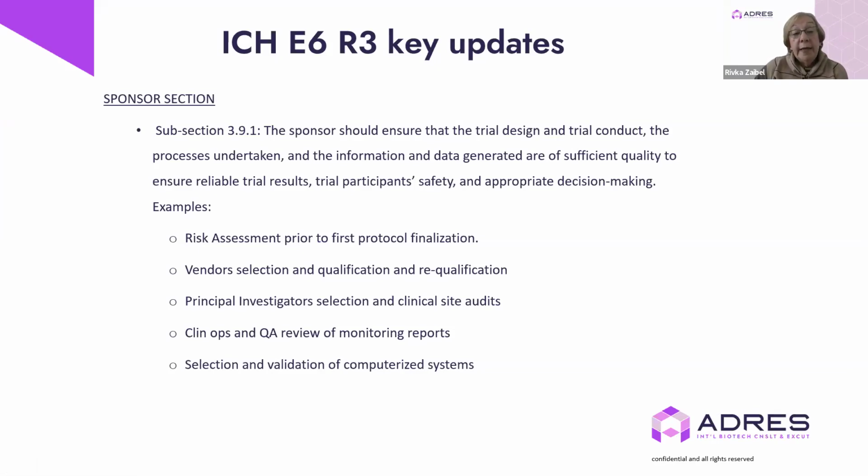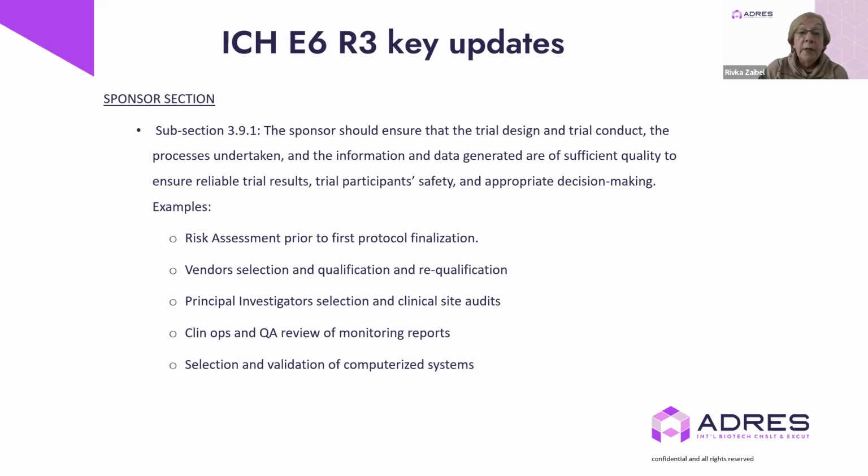For subsection 3.9.1, the sponsor should ensure that the trial design and trial conduct, the processes undertaken, and the information and data generated are of sufficient quality to ensure reliable trial results, trial participant safety, and appropriate decision-making.